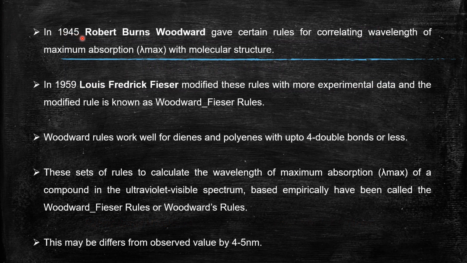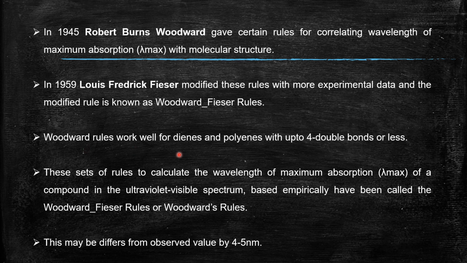In 1945, Robert Burns Woodward gave certain rules for correlating wavelength of maximum absorption with molecular structures. Later, in 1959, Louis Frederick Fieser modified these rules with more experimental data, and the modified rule is known as the Woodward-Fieser rule.